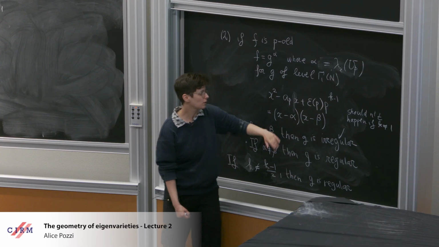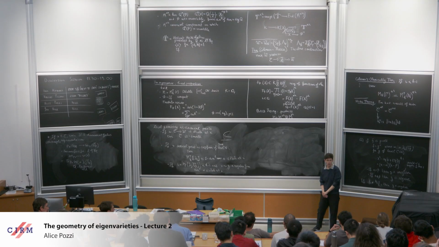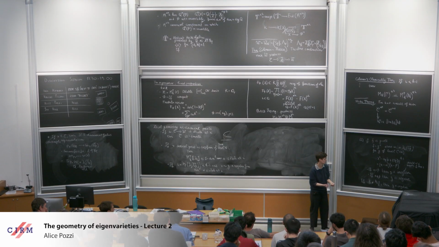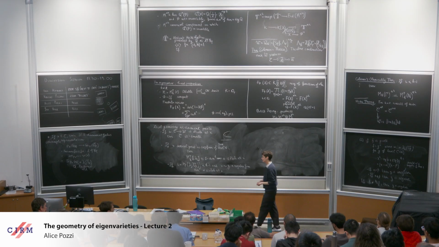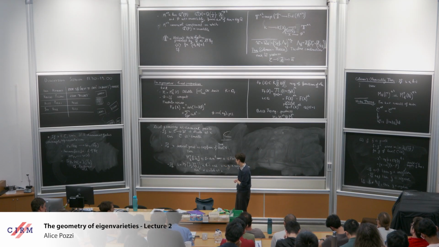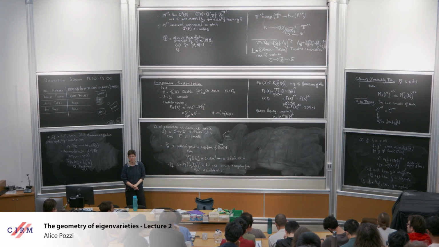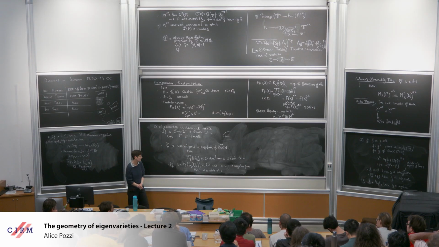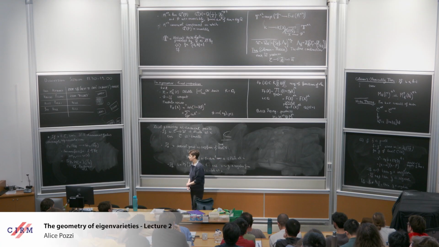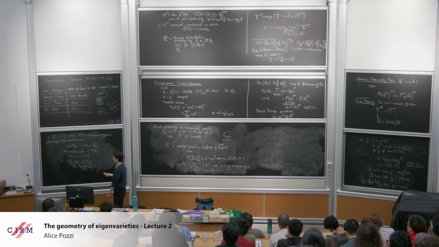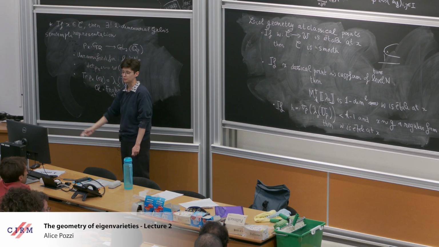So the valuation of one of the roots can be at most k minus 1. So that's really the boundary case. Then the picture becomes quite interesting. And in fact, what we can say about this is that the eigencurve may or may not be étale at those points, but that property is characterized entirely in terms of the corresponding Galois representation when I restrict it to the decomposition group at p.